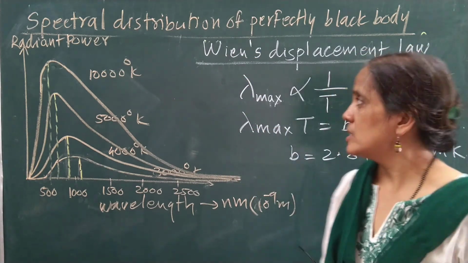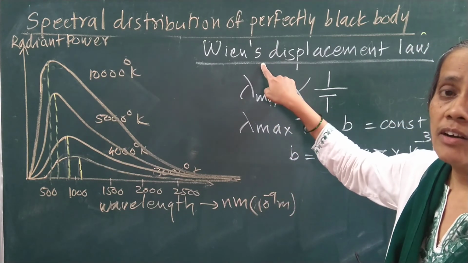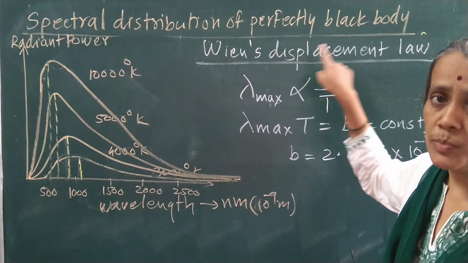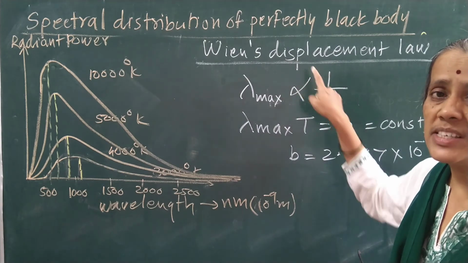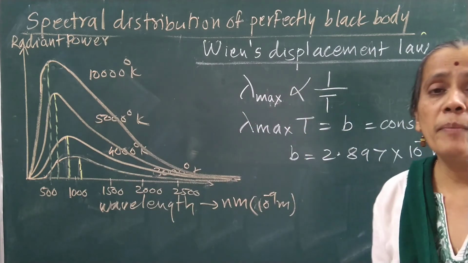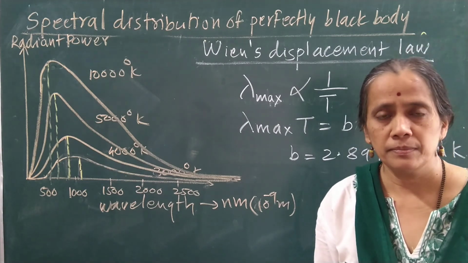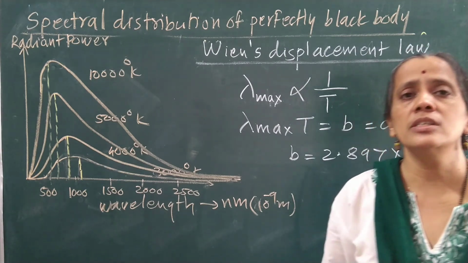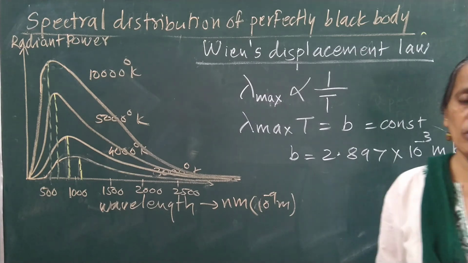And what is the last one? What is or state Wien's displacement law and represent it mathematically, or write the formula for maximum wavelength. Clear? तो ये 3 क्वेश्चन इस पर्टिकुलर टॉपिक पे आपको हो सकते हैं.